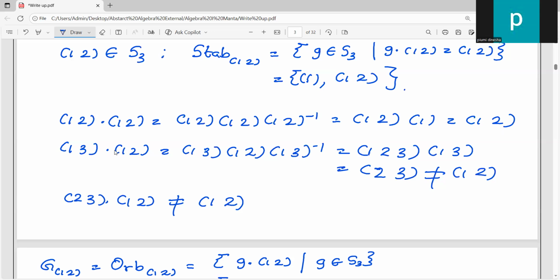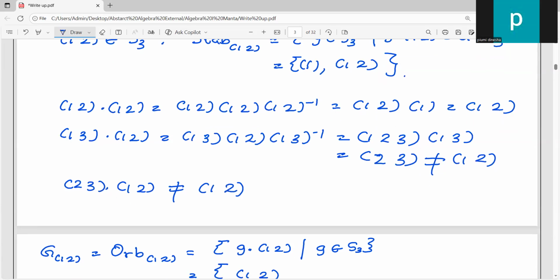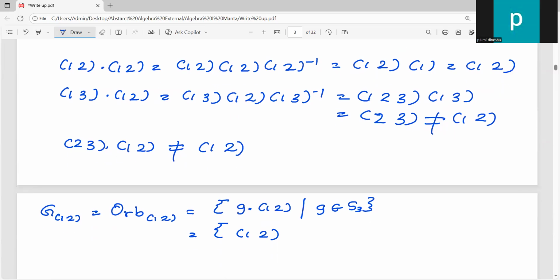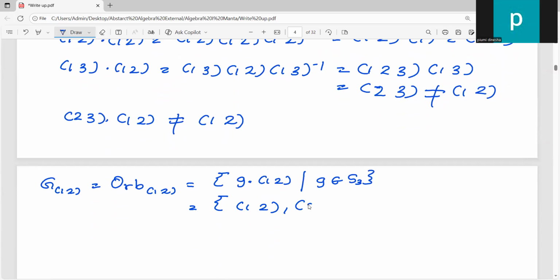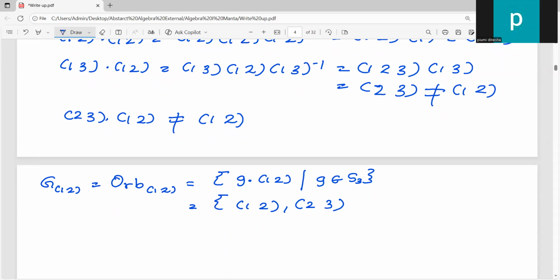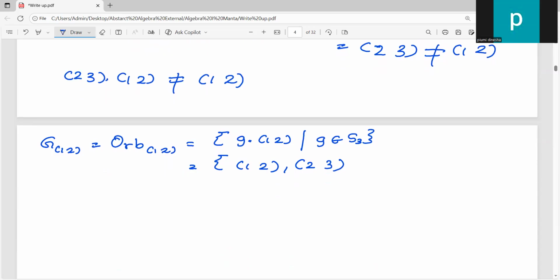Then we have (1 3) dot (1 2). This is equal to (2 3). Therefore, the (2 3) element is also in there. And then let's find (2 3) dot (1 2); you can do the calculations and see (1 3). So we have (1 3). And these are the distinct elements.